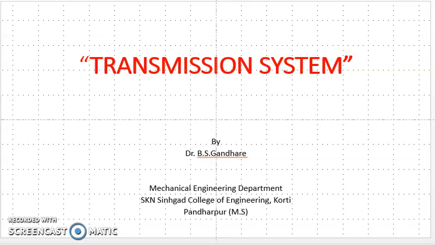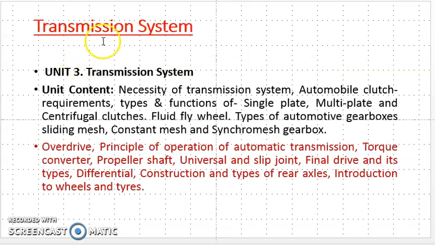Now, we will see the syllabus or content of this unit. This unit contains why there is a need of transmission, and what is a clutch, the automobile clutch. The clutch is fitted in between the engine and the gearbox.